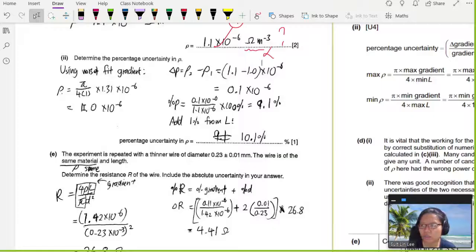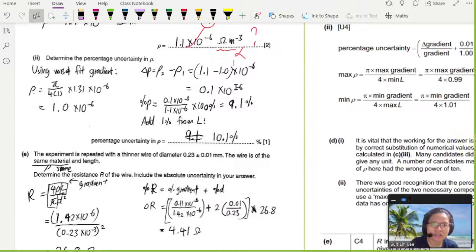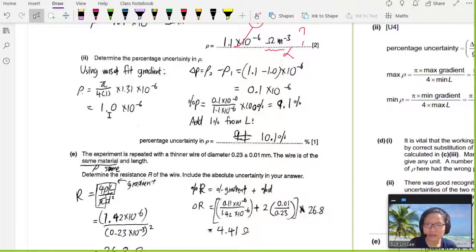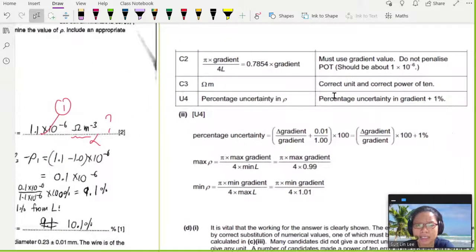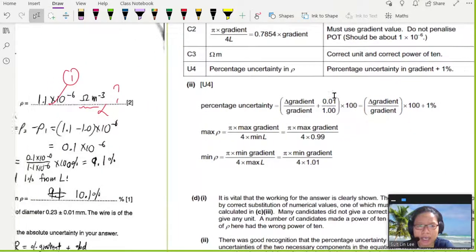Next, determine the percentage uncertainty in resistivity. Using the worst fit line, you have the value of resistivity, and then you find what the candidate is doing. So this is the worst fit line, and then you take the actual value of resistivity minus the smallest value of resistivity. Like that, cannot.